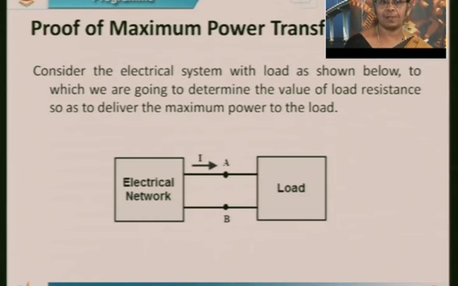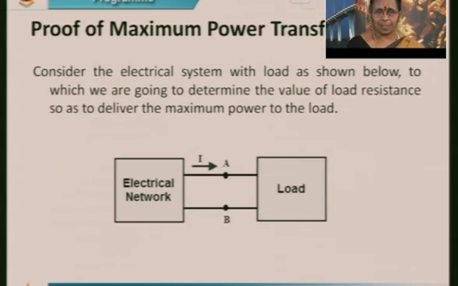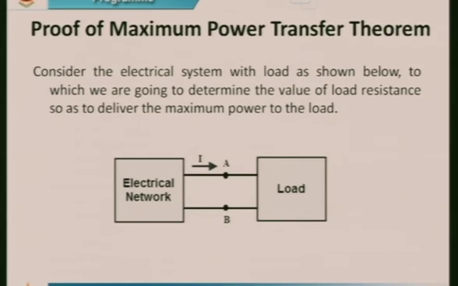It is not Norton's equivalent, it should be Thevenin's equivalent, because Thevenin's equivalent is nothing but a voltage source in series with an impedance. Hence we replace the electrical network before AB by the Thevenin equivalent, and to that you connect the load. The load may be a resistance, an impedance, or maybe another circuit also.